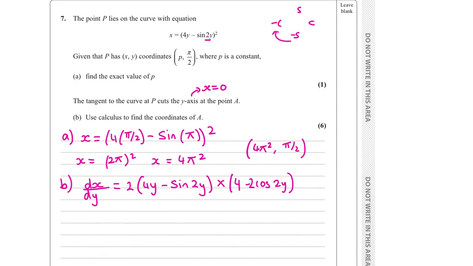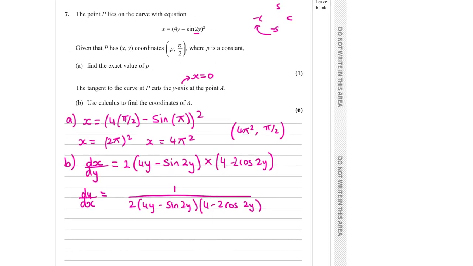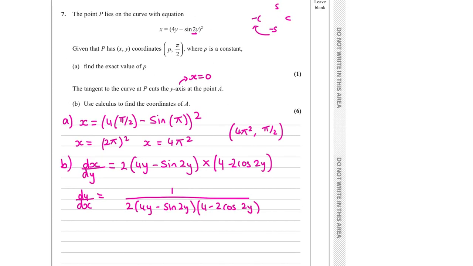Nice. We've differentiated this. So now for dy by dx, which is our gradient, it's going to be 1 over all of this. So 1 over 2 lots of 4y minus sine of 2y, times 4 minus 2 cos of 2y. Now I need to find the gradient. I actually made a mistake when I did this the other day.